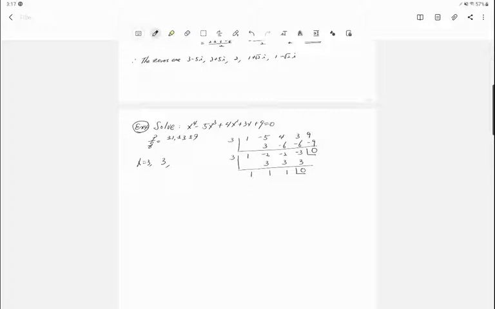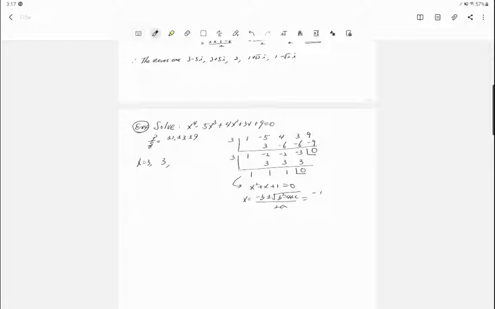And then using this one, let's write x squared plus x plus 1 equals 0. Then from this, we cannot factor this one over the integers, so we can use what? The quadratic formula. The quadratic formula is negative b plus or minus square root of b squared minus 4ac over 2a.